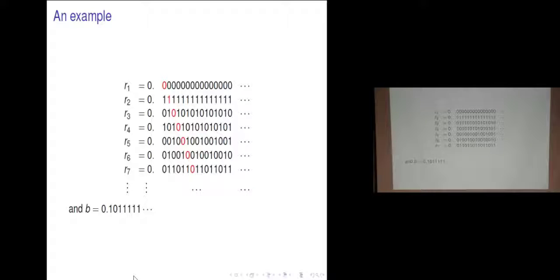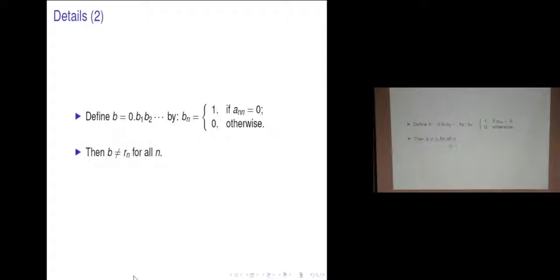I hope the example helps you see what's going on. So coming back here, what I did is I choose my Bn so that it is different from Ann. If Ann is 0, I'm not 0. If Ann is not 0, then I'm 0.